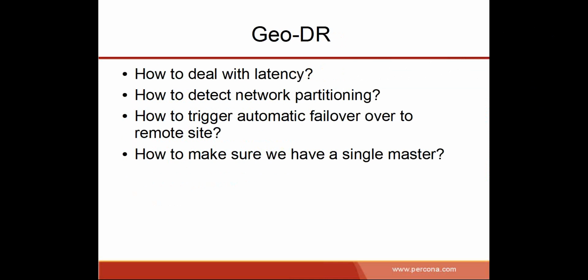There are solutions to that, and that's with Booth. The next question is, how do we make sure that we have a single master? In the setup I'm showing here, only one site will be a master at any given time, not both sites like with, for example, an XtraDB Cluster. That's another type of setup.